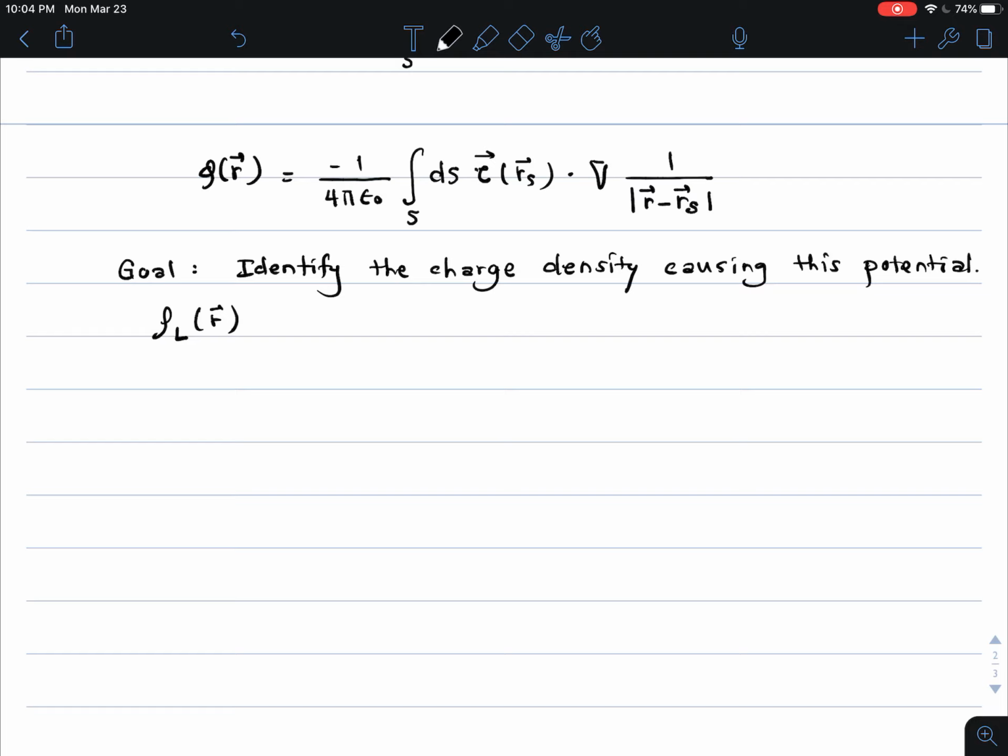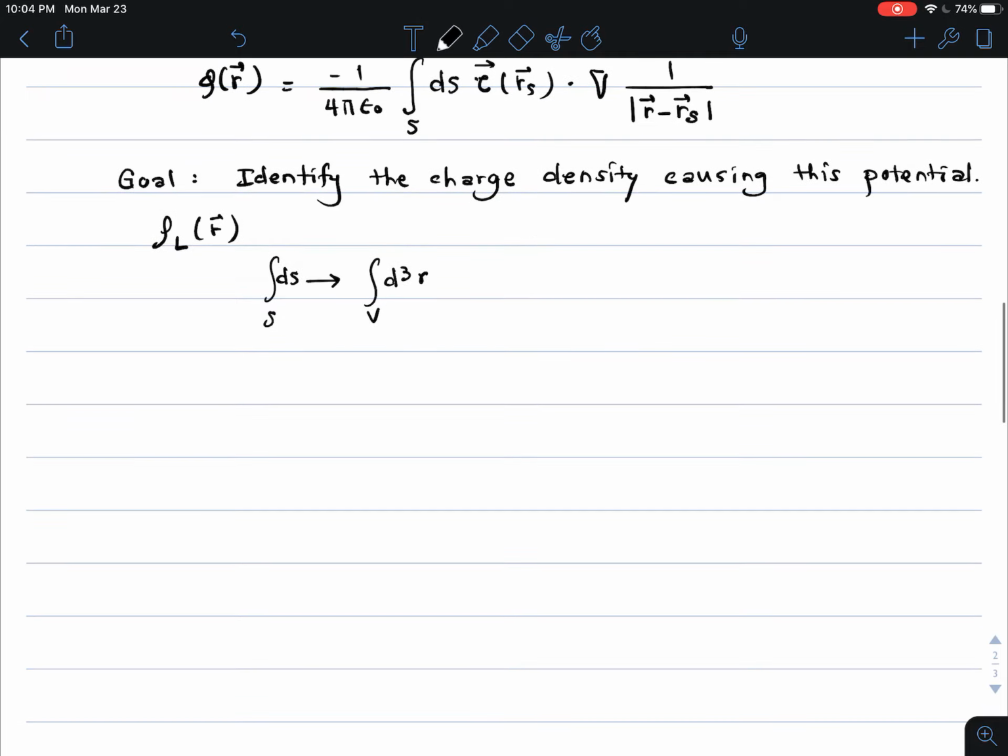And so what we can do is write down the surface integral and translate that into a volume integral. In that process we need to realize where the dipole layer is situated. So that's our first input.